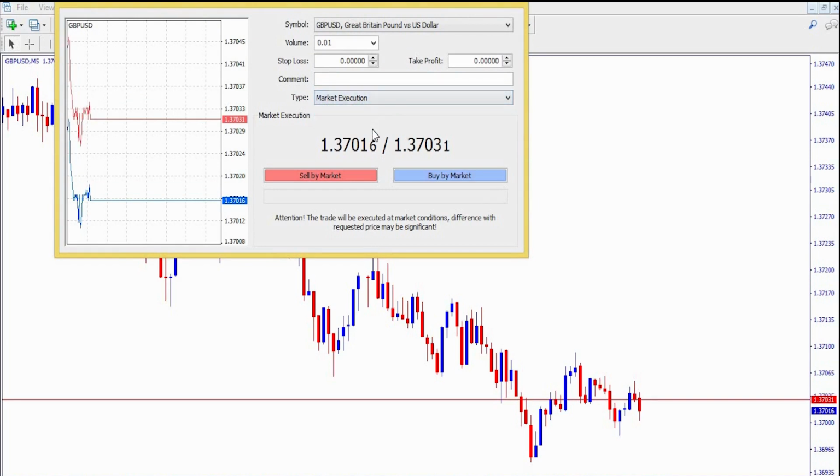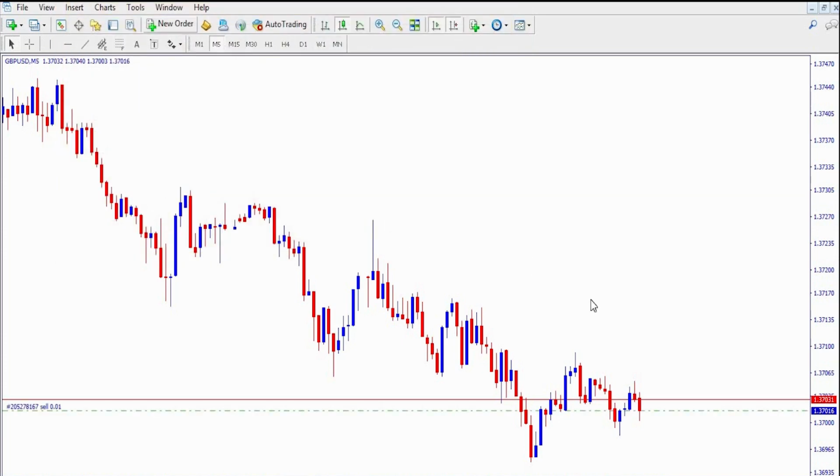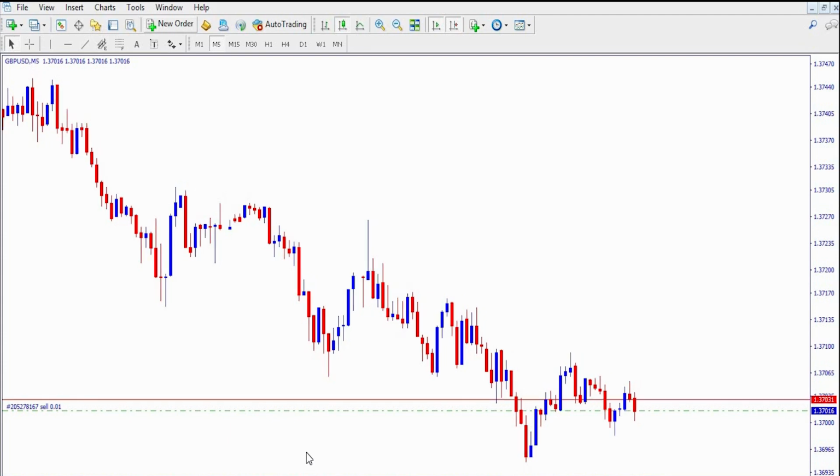It is the same thing as the market order. So if I click sell by market, automatically I am in the market. You can see this dotted line here. It's telling me sell 0.01. That is the lot size I'm willing to use. I used the 10 cents.